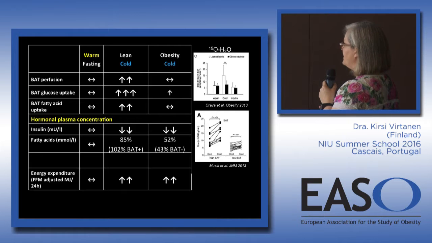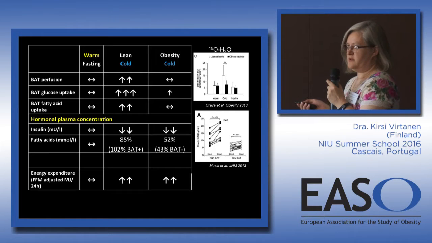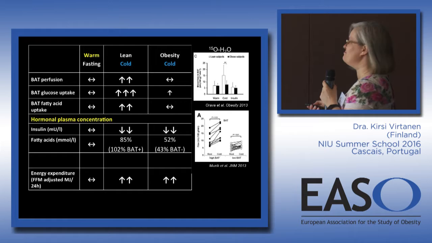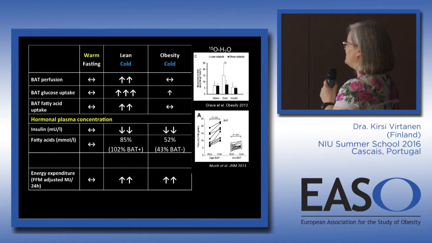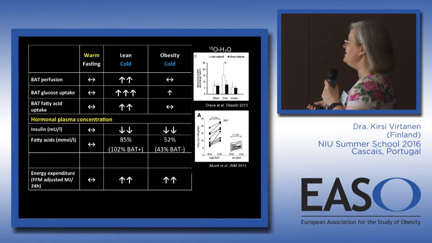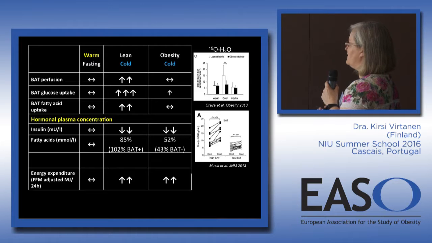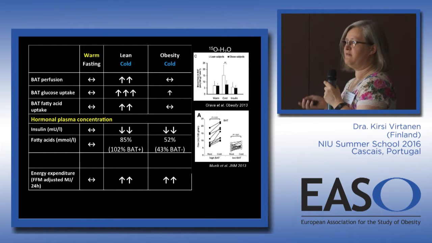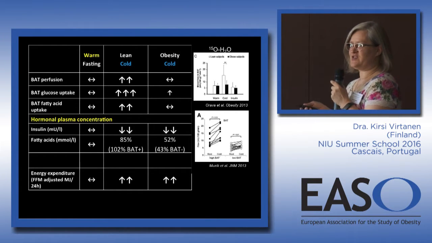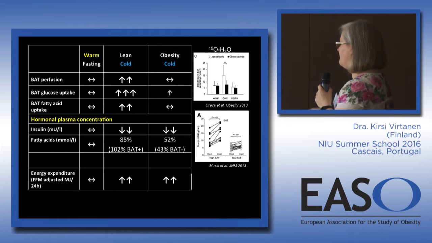And fatty acids go up whether you are lean or obese, but to a lesser extent than in lean subjects. These lean subjects who are PET positive are able to increase their fatty acid concentrations even more, reflecting the lipolytic capacity by the activation of the sympathetic nervous system in cold.